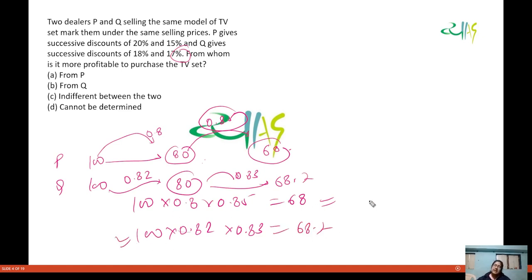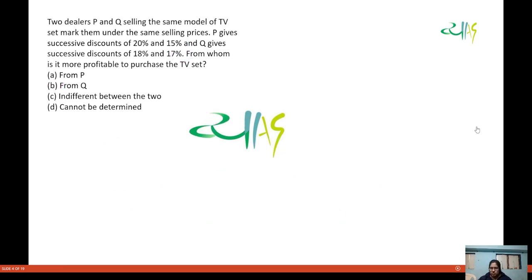Obviously, this one is bigger, a bigger selling price. So this one is cheaper. So from whom you are going to buy? Obviously from the cheaper one, so from P. I hope you understand there are two, three ways of getting the same answer, and you are okay with it. So let's move forward a bit.